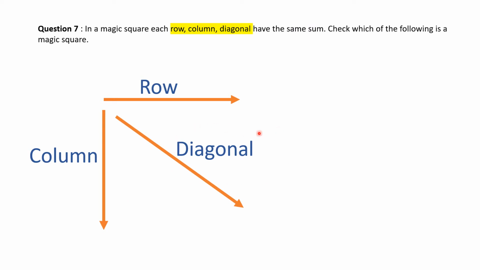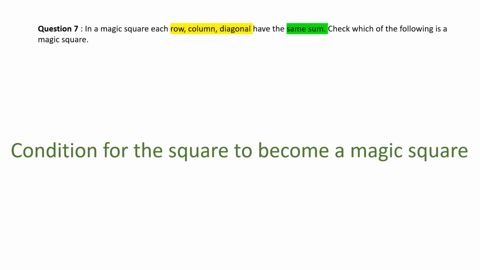Okay, now let's look at the next part of the question. They have told us that all the rows, columns, and diagonals should have the same sum. What does this mean? It means that there is a condition for the square to become a magic square.